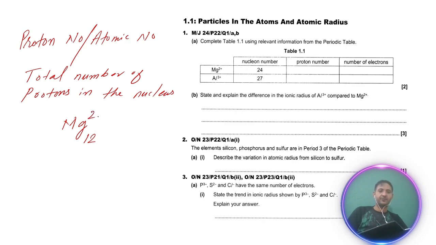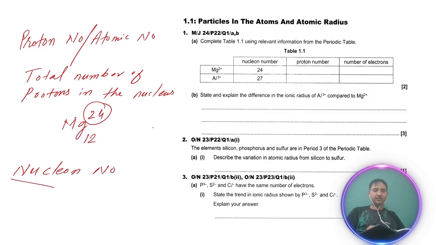And if I write 24 here, it means there is the nucleon number. What is the nucleon number? It is also known as mass number. Nucleon number is the total number of protons plus neutrons, okay?